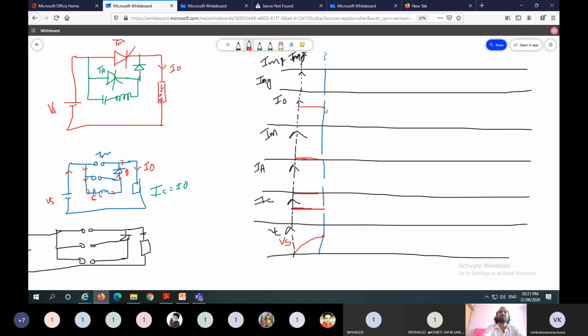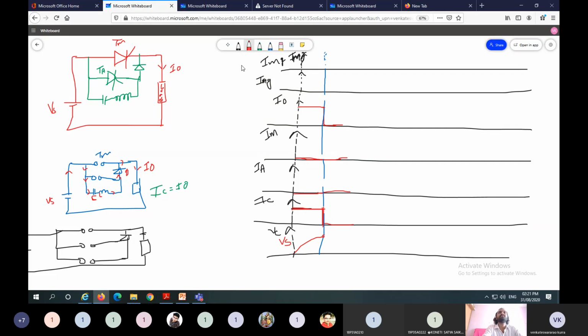So I0 current becomes 0 like this. IM current is also 0. IA current is also 0. IC current becomes 0 because it acts as open circuit once the capacitor charges to rated voltage. So these are the currents.